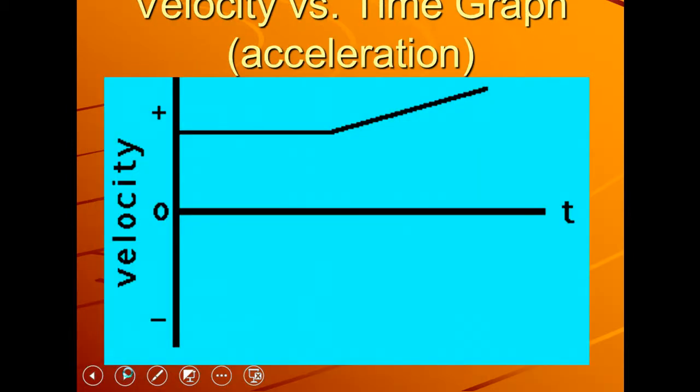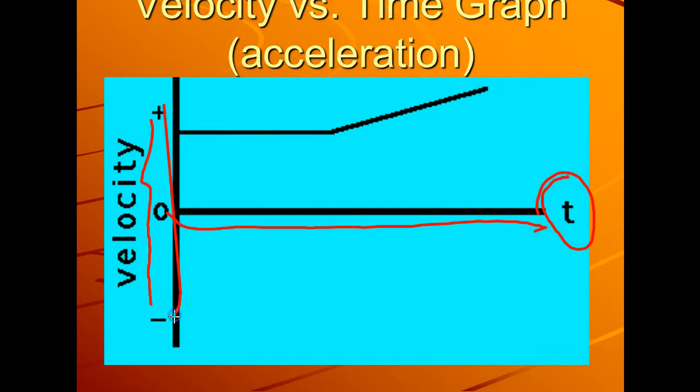Okay, so let's take a look at this graph. It says velocity versus time graph, and we're going to look at the acceleration. So we have velocity here, and we have time here. This is your x-axis, this is your y. This one looks just a little funny because we have a negative value, but it's just like anything you've seen.